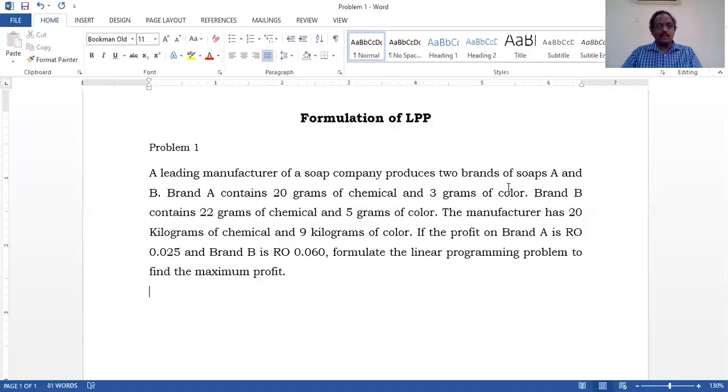So in step 1, we are going to identify the objective function. What is the objective here? We have to maximize the profit. This is what they want.